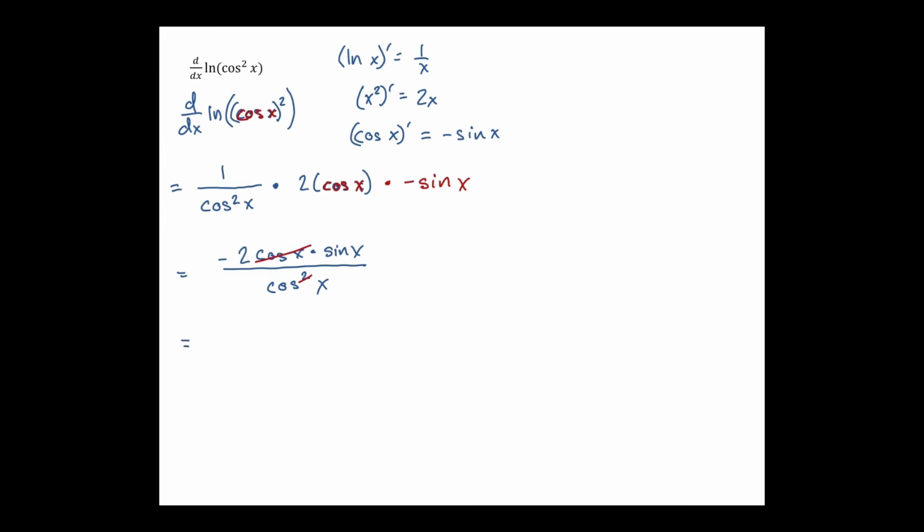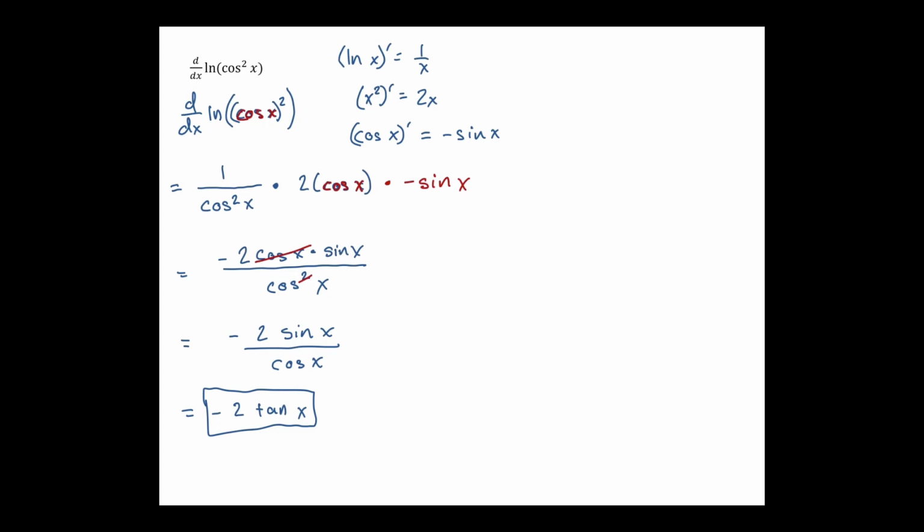So we actually have minus 2 sine of x all over cosine of x. Oh, and you may even notice, wait, sine over cosine, well, it is sunny today, so we might as well get a tangent. Therefore, we have the derivative of minus 2 times tangent of x is the simplest.